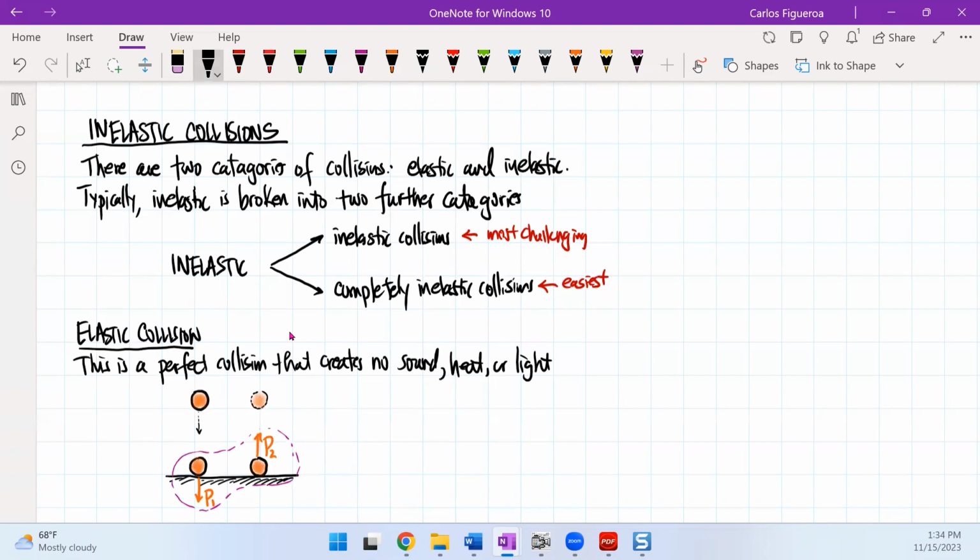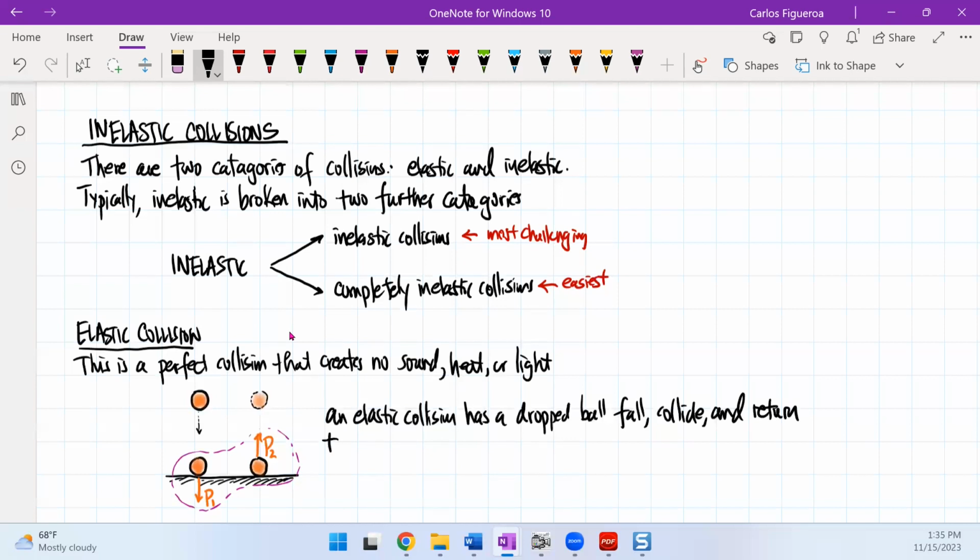So in an elastic collision, a dropped ball collides and returns to its initial height.